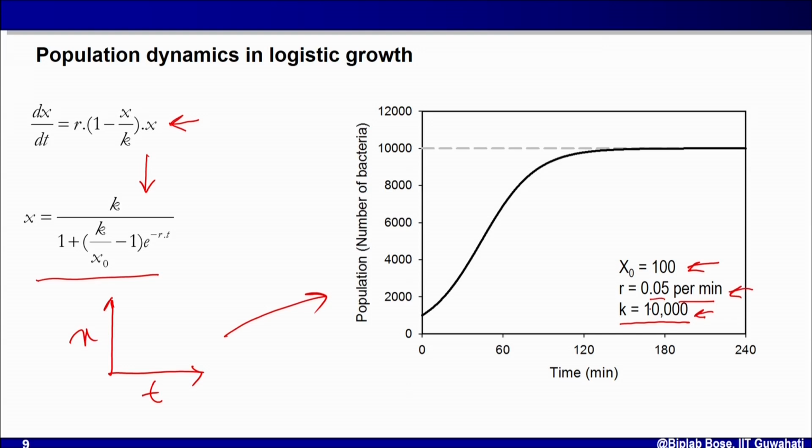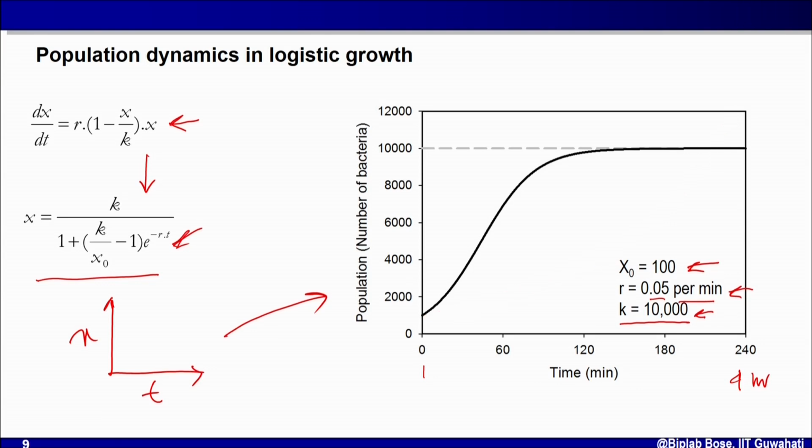So now if I put these values in this function, I get a curve like this for different values of t. See here, I have plotted from 0 to 4 hours, just like the previous plot. In the previous case, it was growing exponentially like this. That is not happening here.